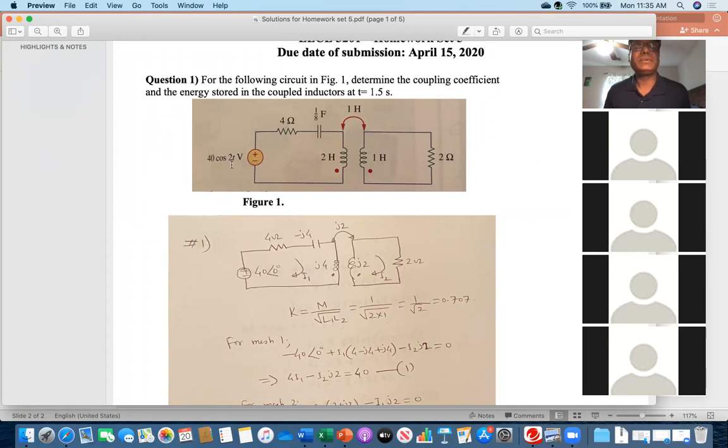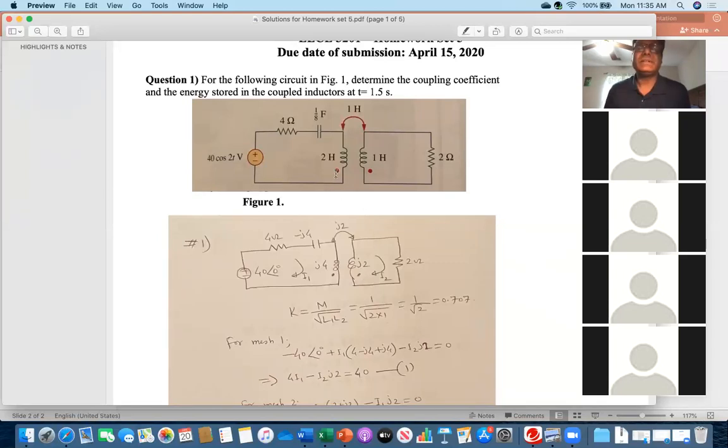You see here cos 2t, so 2 is the omega value. If you put omega equal to 2, you get minus j4 ohm. And the 2 henry is j omega L, so j2 times 2, so j4. Then this is 1 henry, so that is j2 ohm. And this is a 2 ohm resistance.